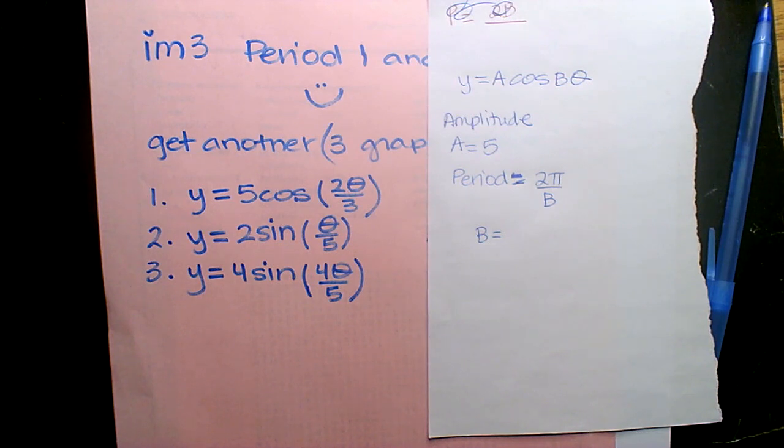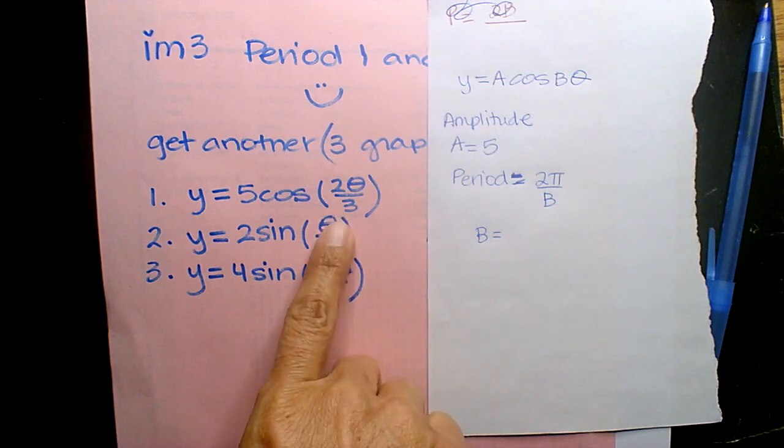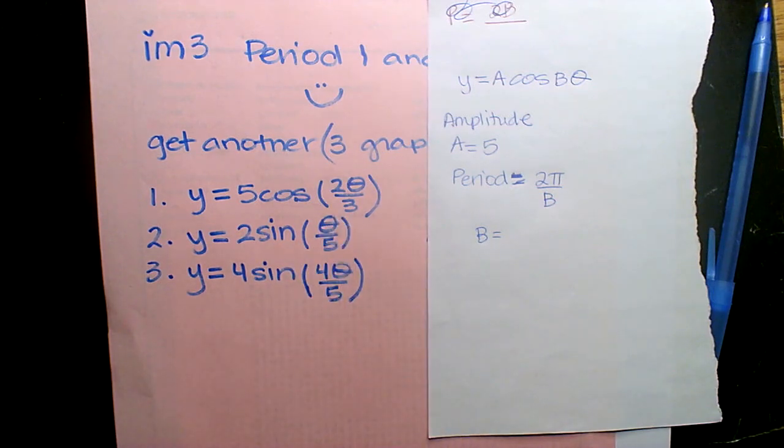What did we say? 210. What's the coefficient to theta? 3. It could be a fraction. 2 over 3, I think.